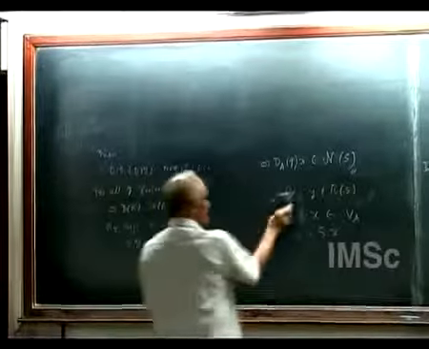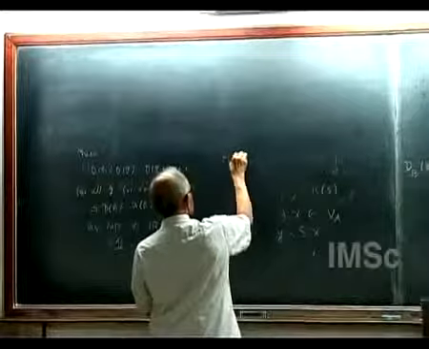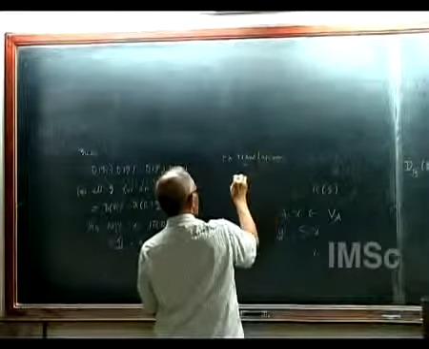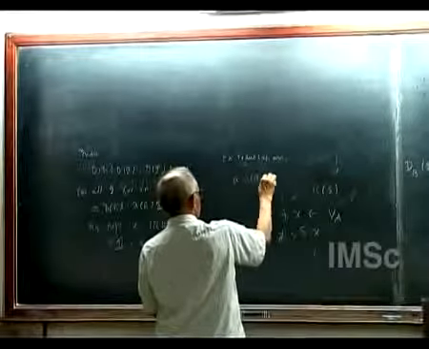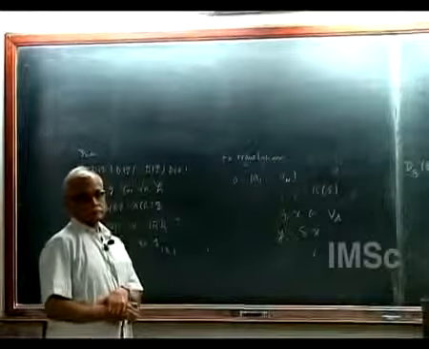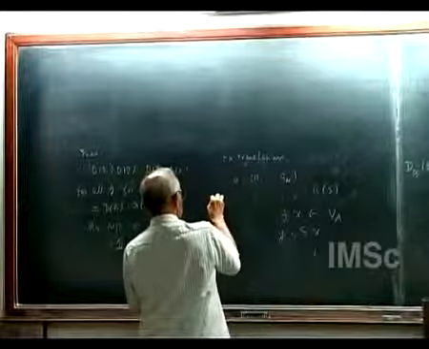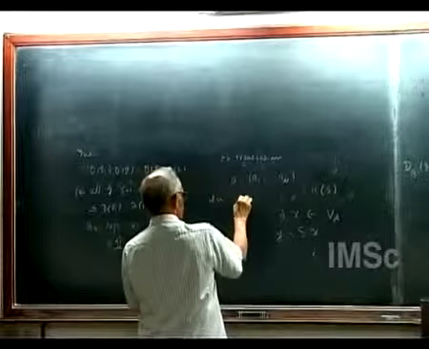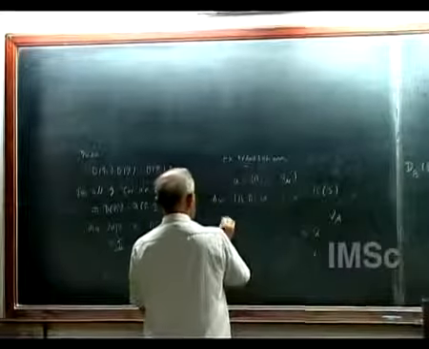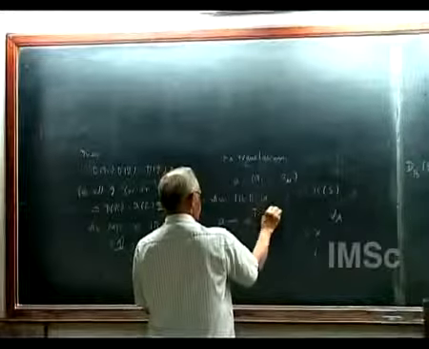For example, if you take translations, let me take A1 up to AN, and the irreducible representation is what? A is represented by exponential lambda i Ai.